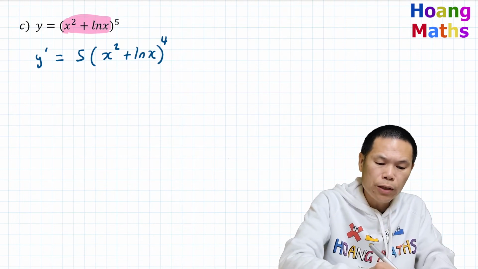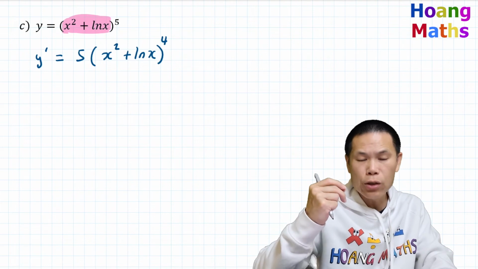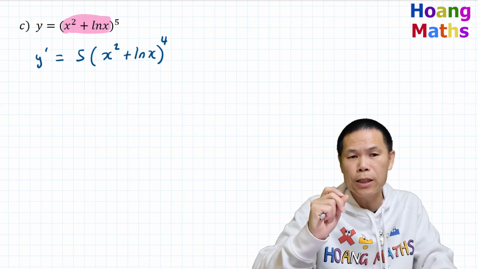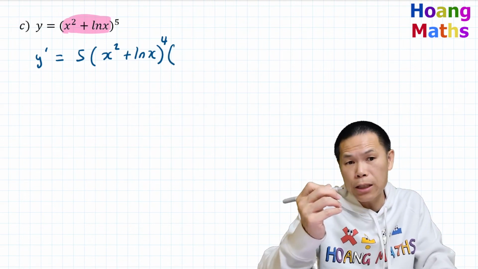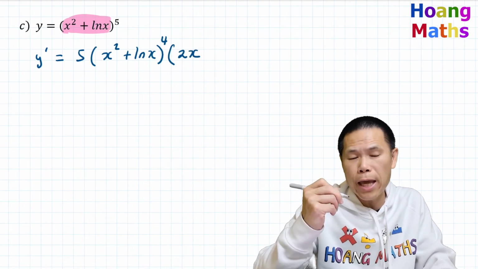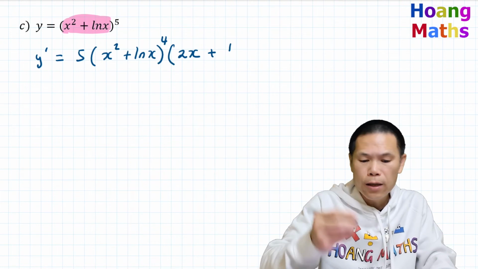That means we differentiate x squared, which gives me 2x. And then we need to differentiate ln x as well. You know that there is more than one term, so we need to open brackets. Differentiate x squared, it gives me 2x. And we differentiate ln x. So differentiate x is 1, so we add 1 over f(x).